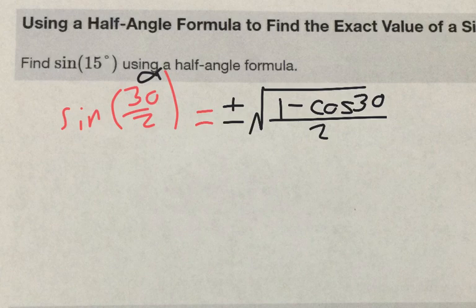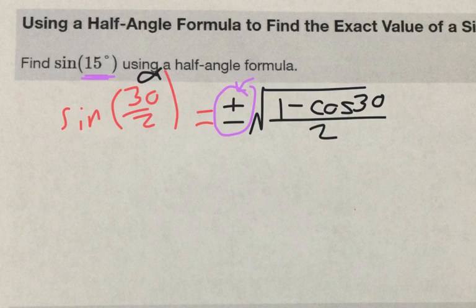Okay, so the first thing is the answer is not both plus or minus. They put plus or minus for us to choose which one is correct. Given that the original angle here is 15 degrees, I should choose the positive, because in the first quadrant, sine is positive.